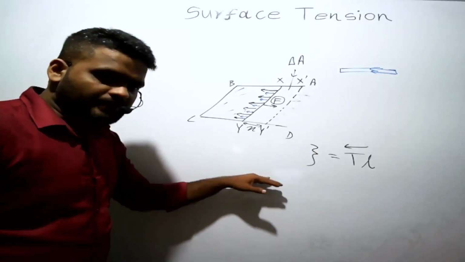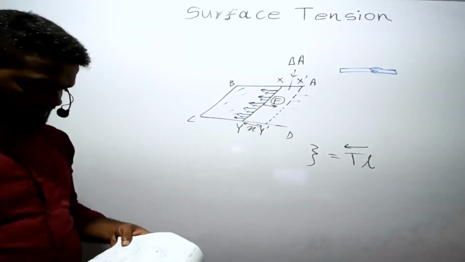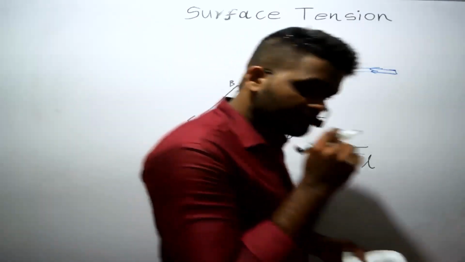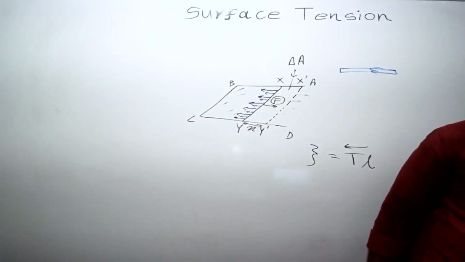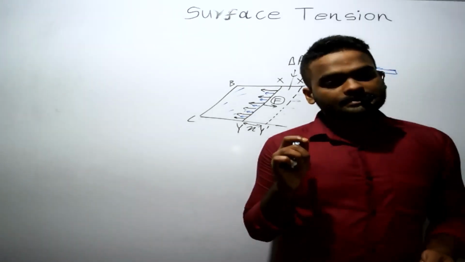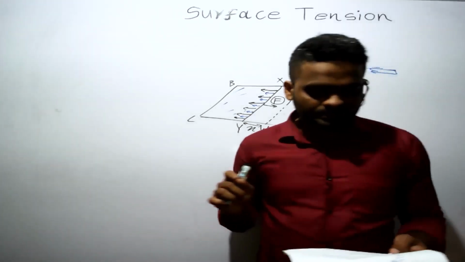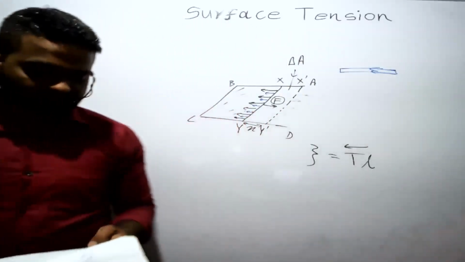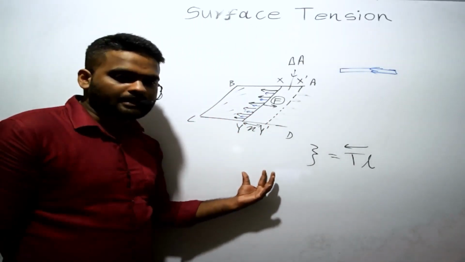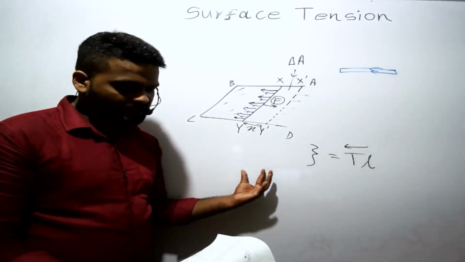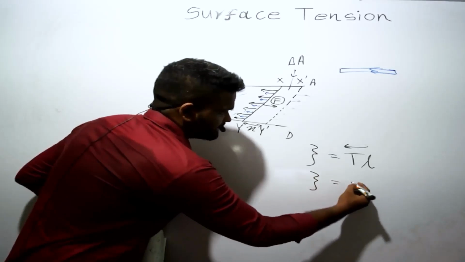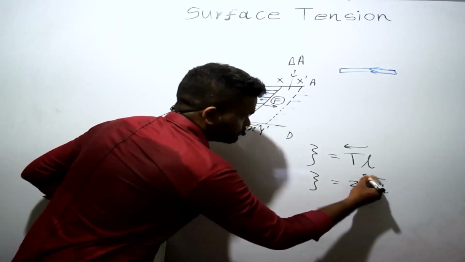Then below this, surface tension force applied by both free surfaces equals what? 2TL.